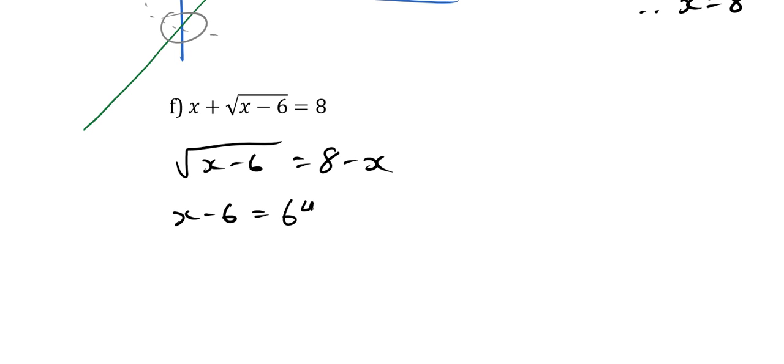So this is going to be 64 minus 16x plus x squared. Now I'm going to rearrange. I'm going to try to make sure my x squared stays positive. So I'm going to have 0 on my left. Negative 16x minus 1x is negative 17x. And 64 plus 6 is 70.